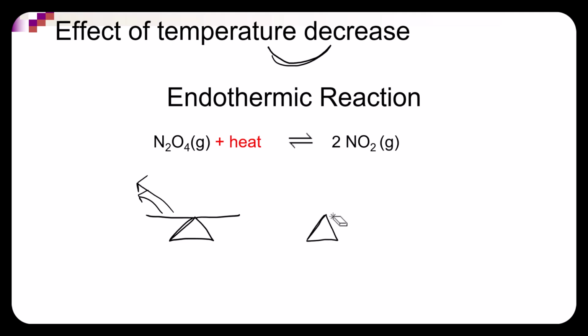That's going to cause the reactant side to feel light, and that's going to cause a stress on the product side. To relieve the stress caused by taking away heat, it's going to cause the reaction to push back towards the reactants. Remove a reactant, push towards the reactants.